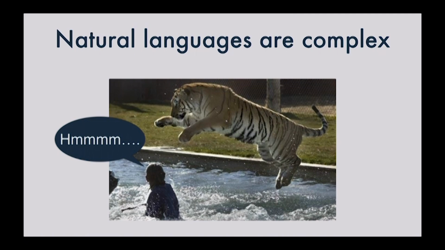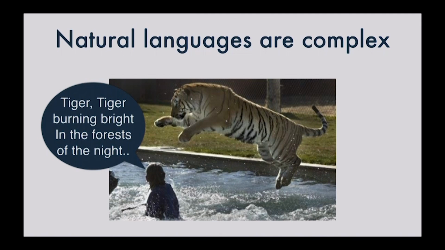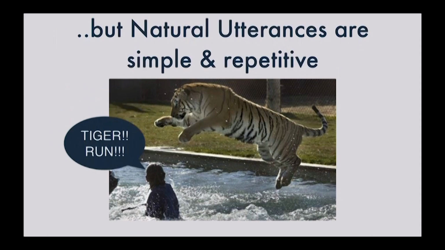So the principle is the following. If you think about natural languages, the kinds of languages that we speak as humans, they can be very complex. For example, you could imagine referring to a tiger in very poetic ways. But actually, typically what happens, most natural utterances that we speak and write day to day tend to be very simple and very repetitive.